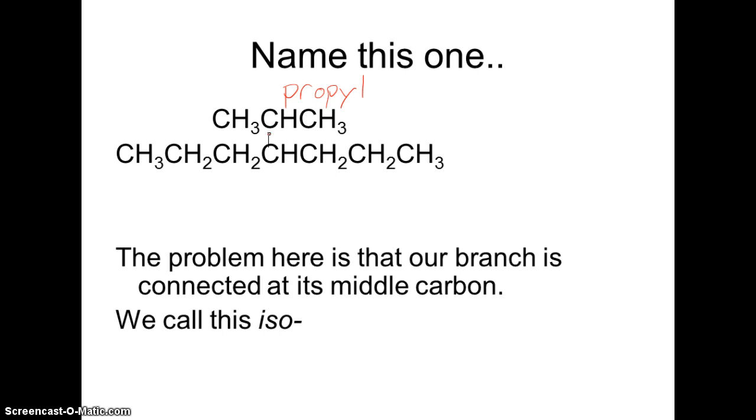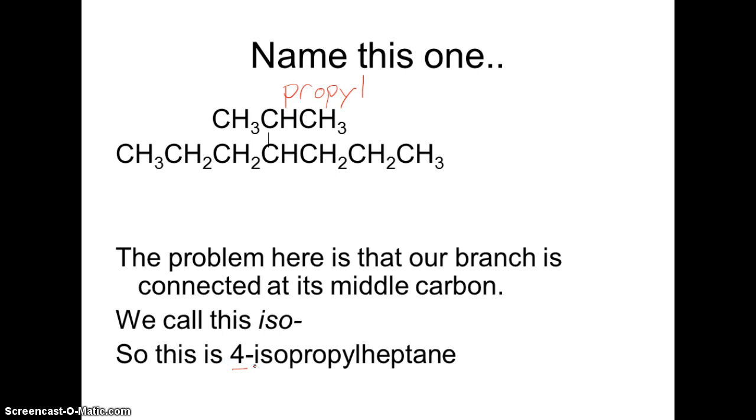It's iso. You've probably heard this before with isopropyl alcohol. So this branch will be 4-isopropyl. The 4 tells me where on the main chain it's connected. The iso tells me that my propyl branch is connected from its center carbon. And then heptane for the main chain.